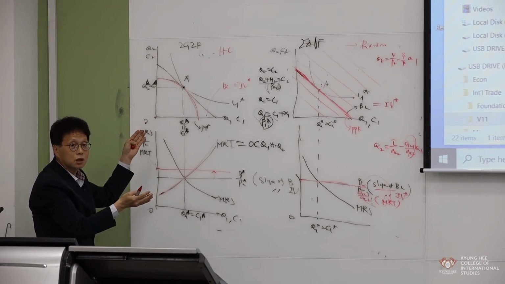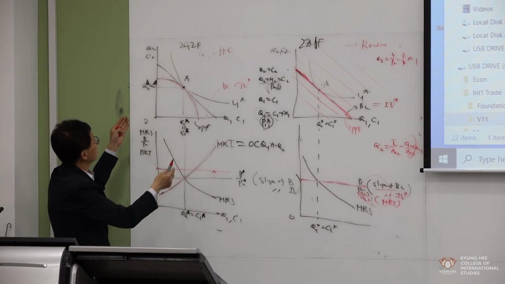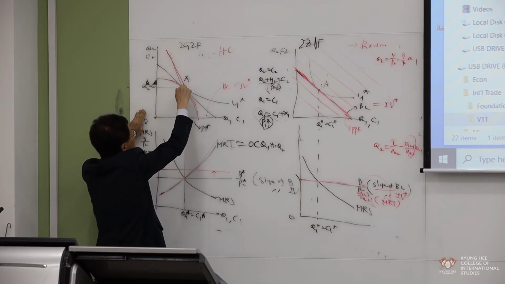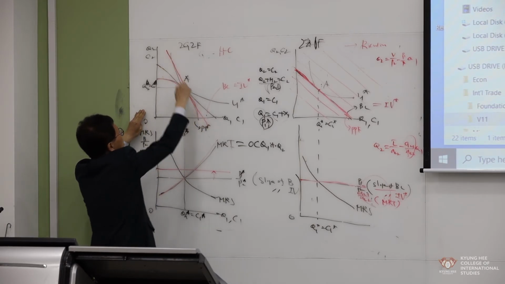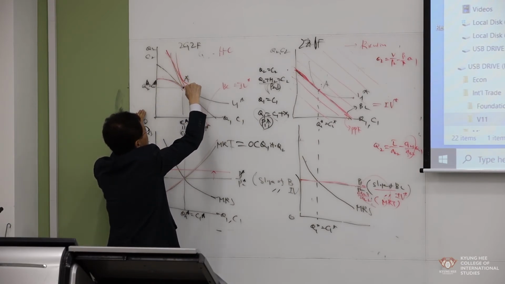Can you understand? Then what happened? So after trade, simply like this. That is the new budget constraint, the new ISO value line, and production, like this.